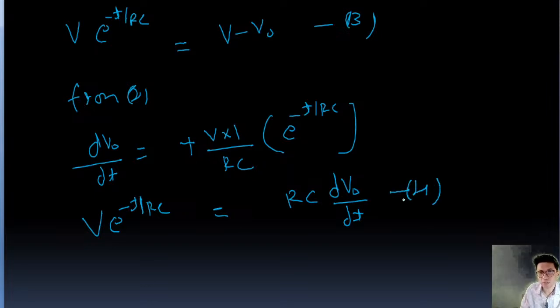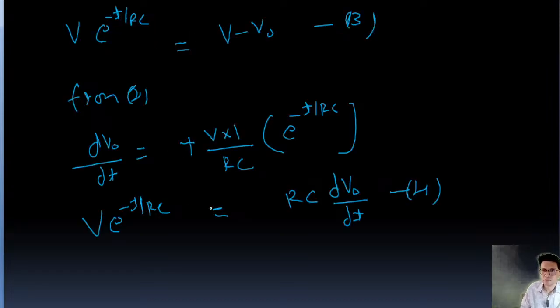Now we can put the value of 4 in 3. From 4 and 3, in equation 3, in place of V e to the power minus T upon RC, we'll write RC dV naught upon dt.